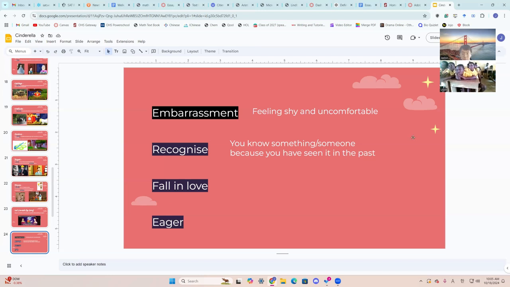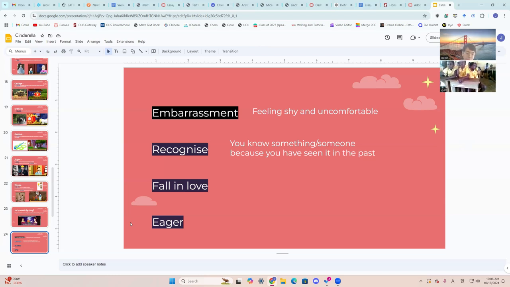Maybe I was eager to go to school, for example. Eager means you really want to do something and you're very excited for it. So you can use the word eager to describe the things that you really like. So I am eager to do something.